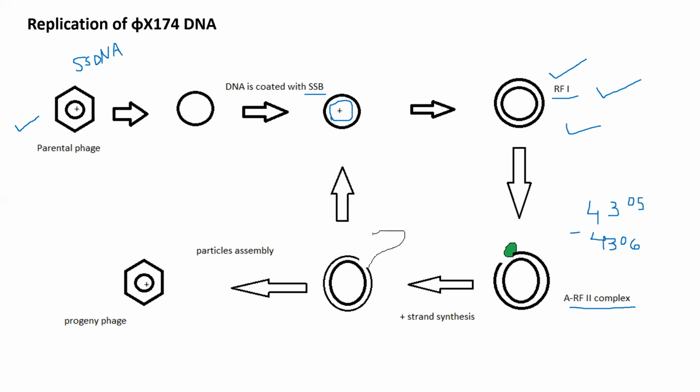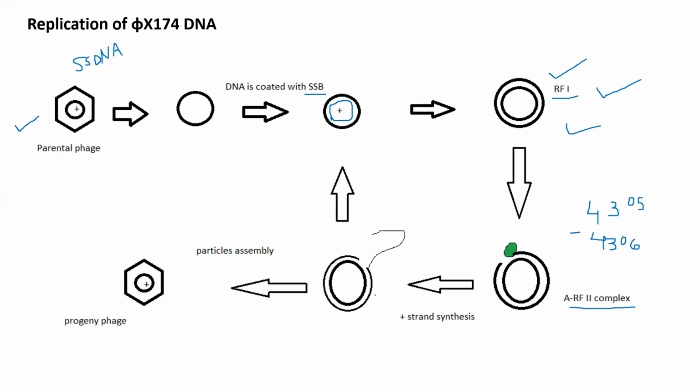When the 5' end of the plus strand is displaced from the RF2, meanwhile, the synthesis continues in the circle. It's not like when you pull apart the plus strand completely, it again becomes single-stranded. No, the synthesis continues in the circle.